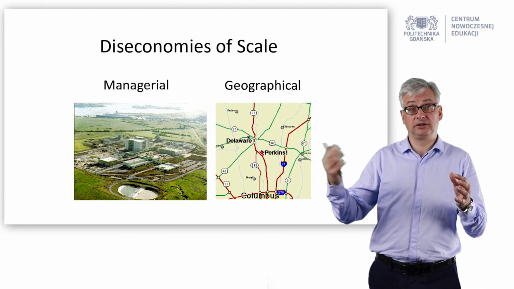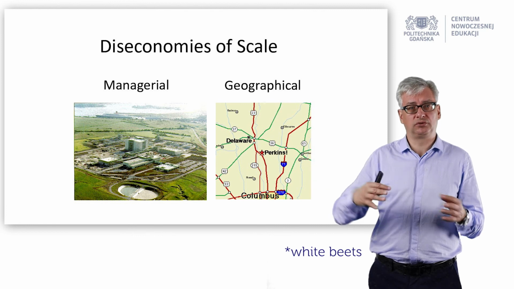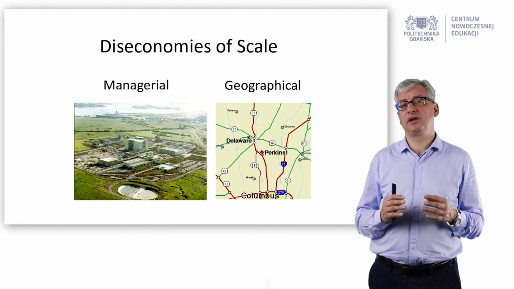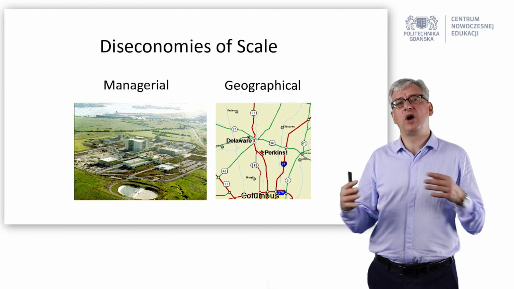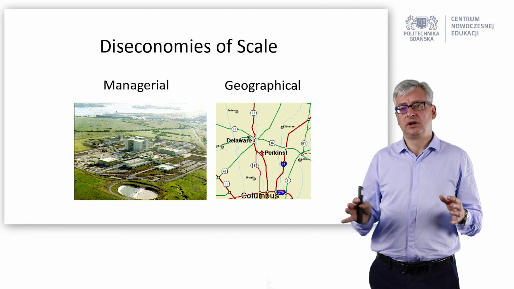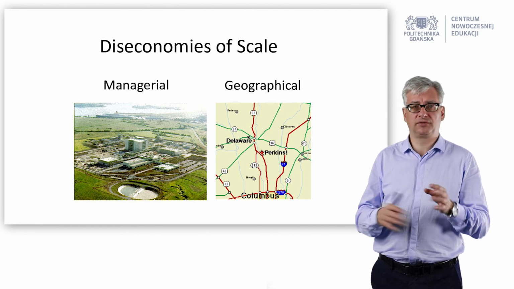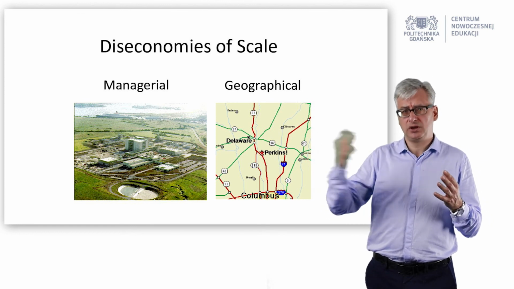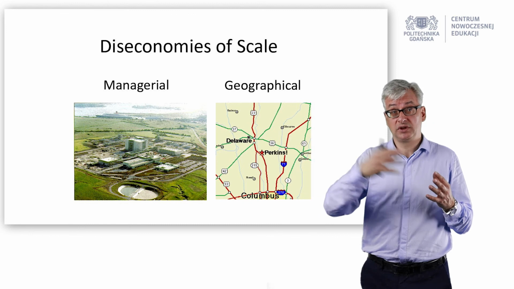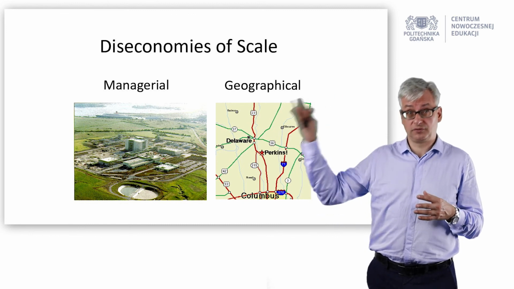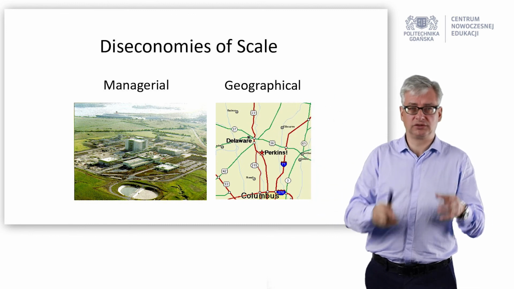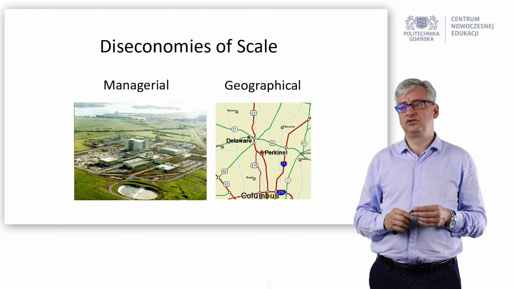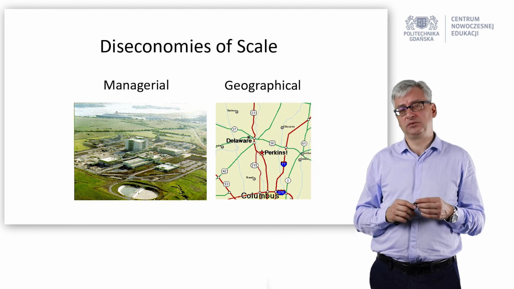So they collect sugar beetroot from a certain area, right? But we cannot make one huge central factory producing sugar for the whole, let's say, European Union, right? Because that would be inefficient, right? To make transportation of those sugar beetroots from distant countries to one central point. So these are geographical diseconomies of scale.